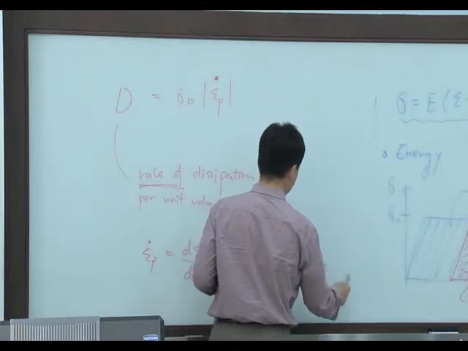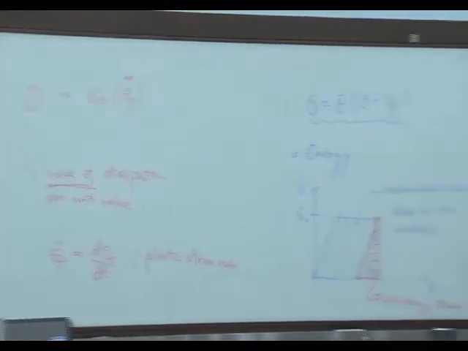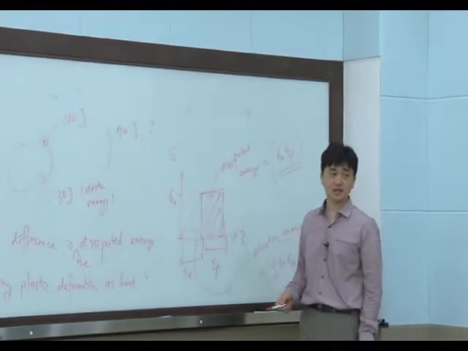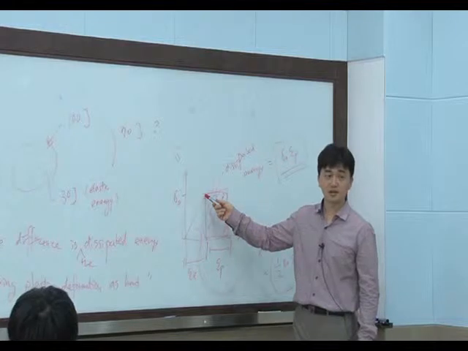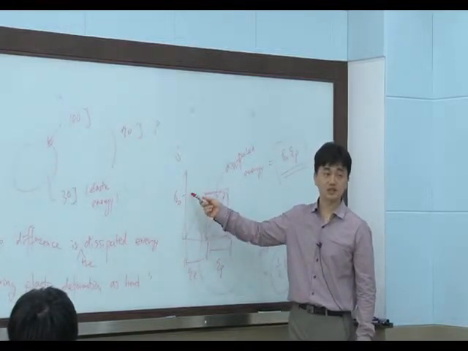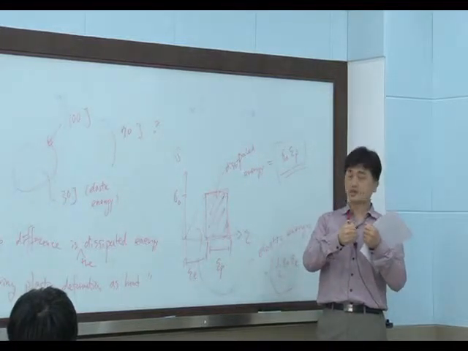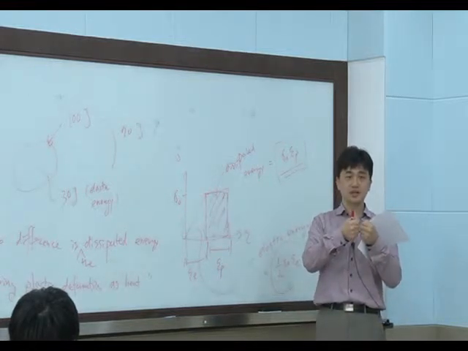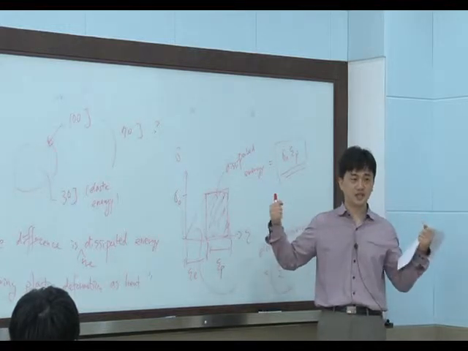The reason I use the plastic strain rate instead of plastic strain is that when the stress is at the yield stress, this plastic process is a dynamic situation, with some rate.